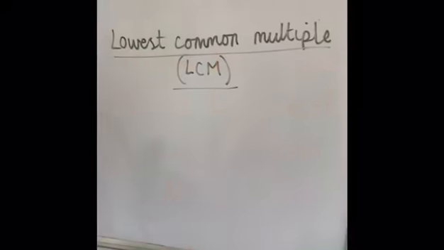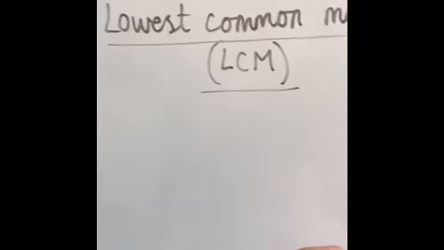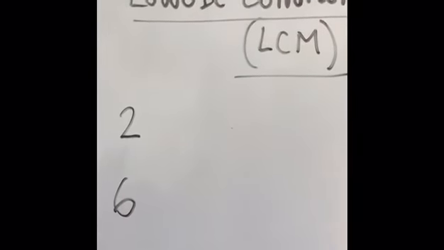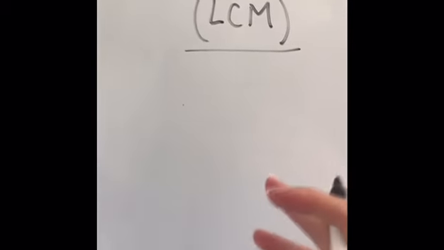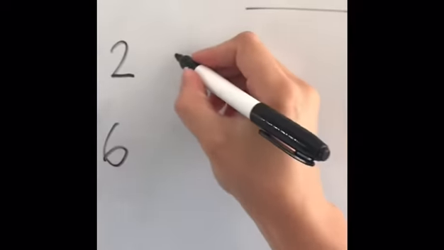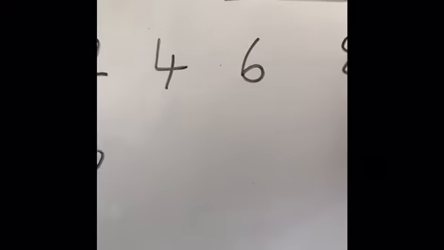Okay, and then finally, guys, we're just going to look at how to find the lowest common multiple. For example, a question might say, what is the lowest common multiple of 2 and 6? What you would do is list the multiples of that number first, and then you're looking for the one that is common, the one that is in both of those times tables, and the lowest value number. So let's list our multiples of 2: 2, 4, 6, 8, 10.